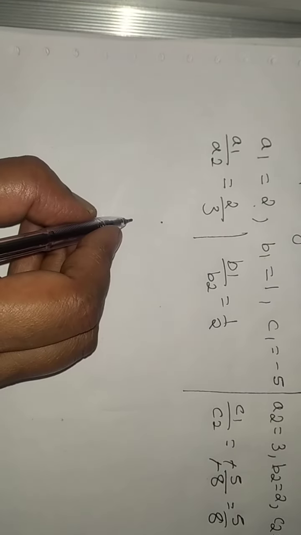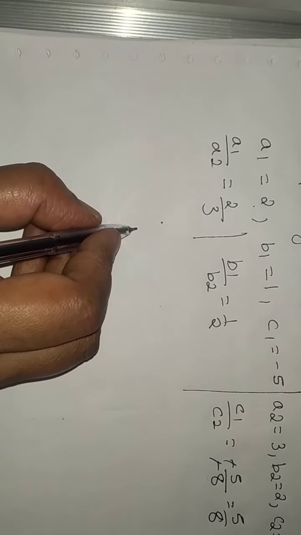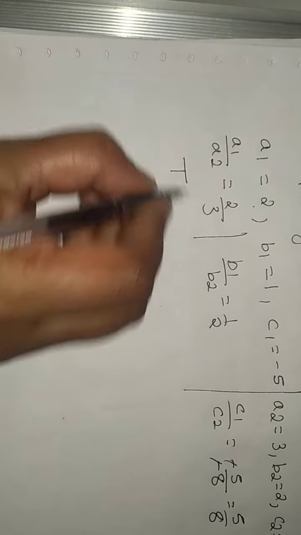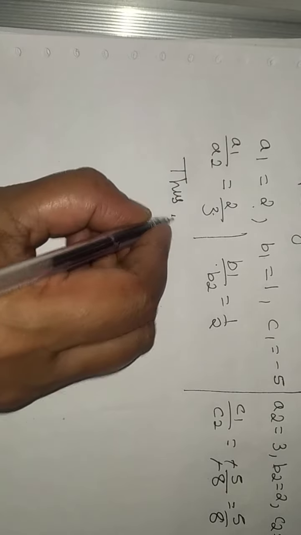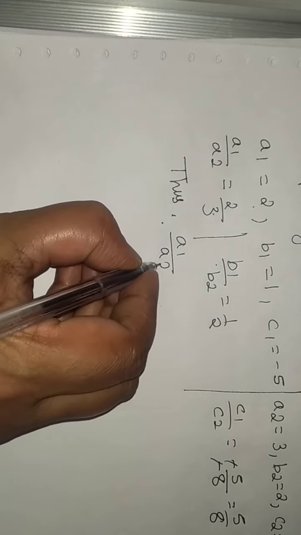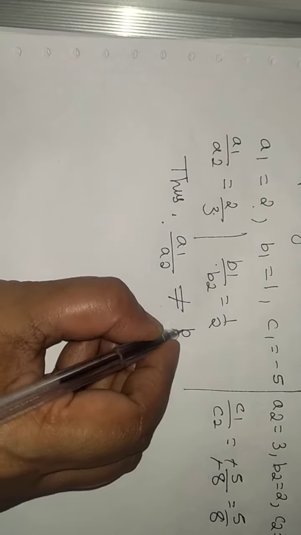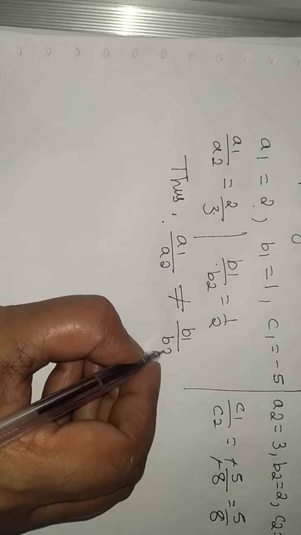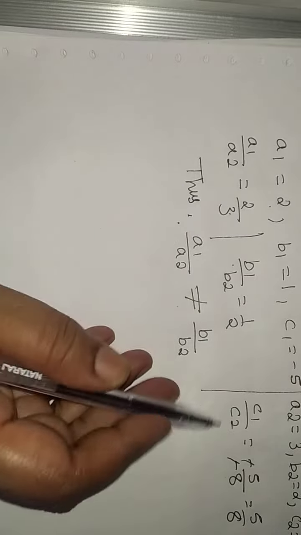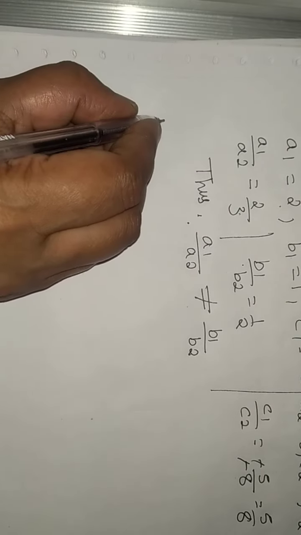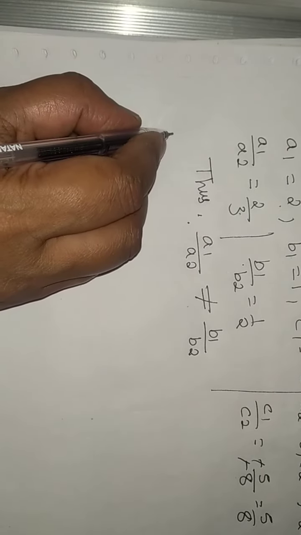Thus we can write a1 by a2 is not equal to b1 by b2. We know here 2 by 3 is not equal to 1 by 2.